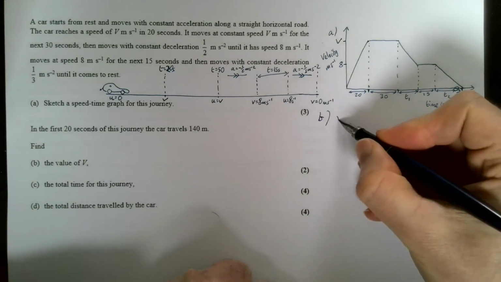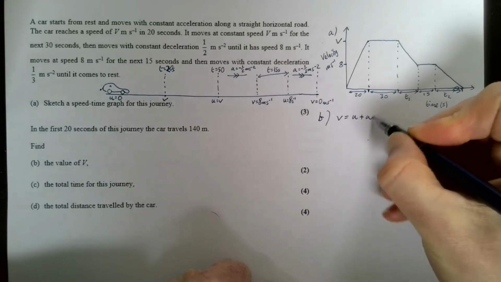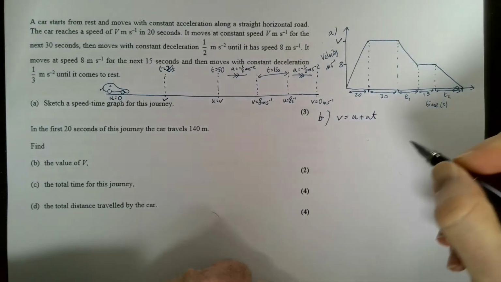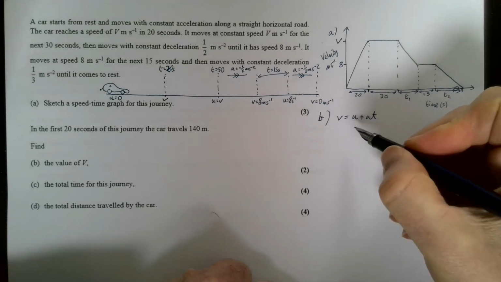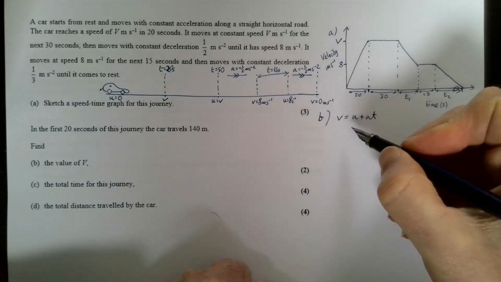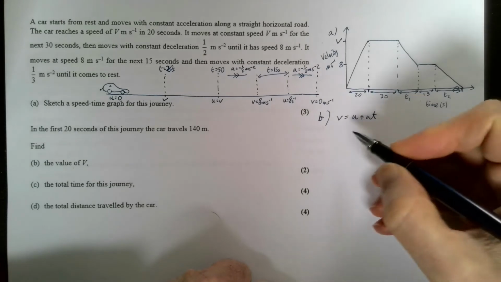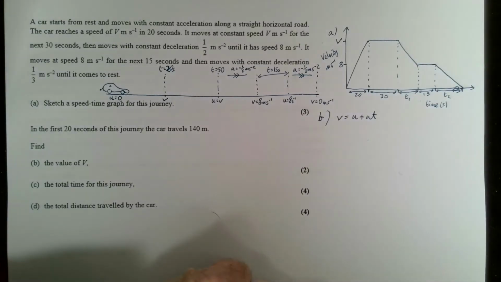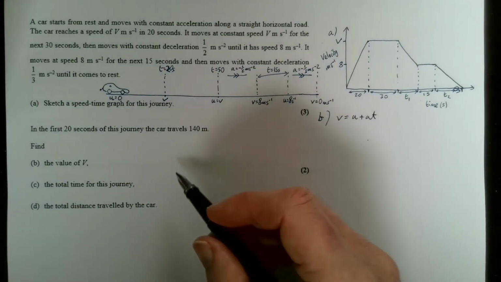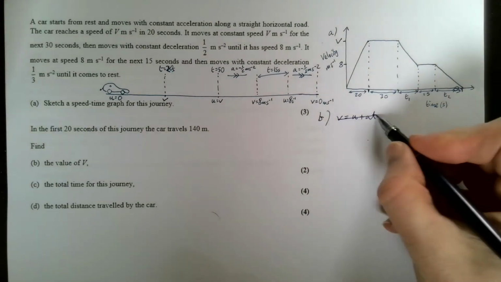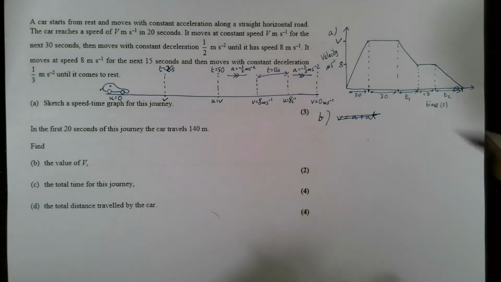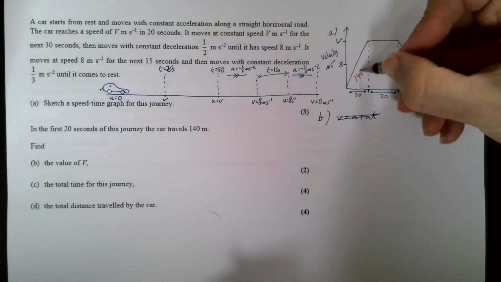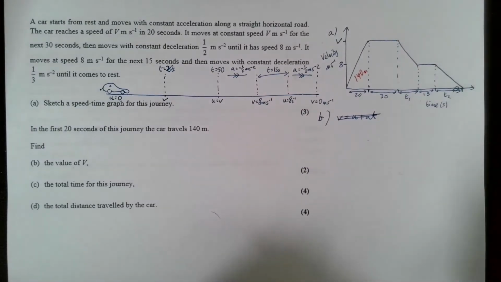Well, if we use v equals u plus at, we know that it's going to, sorry, I'm jumping ahead. I was looking at part C. We don't need v equals u plus at at all. We know that we have got 140 meters represented in there, haven't we?